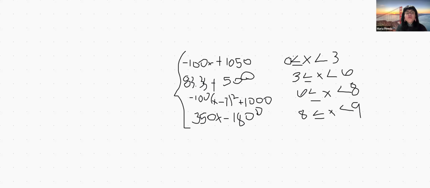So this would be the full piecewise function that I had come up with.